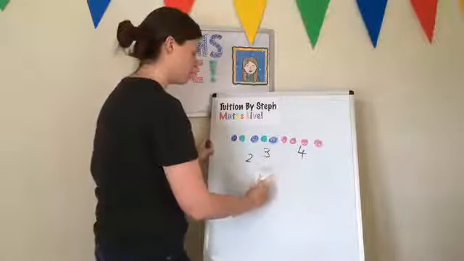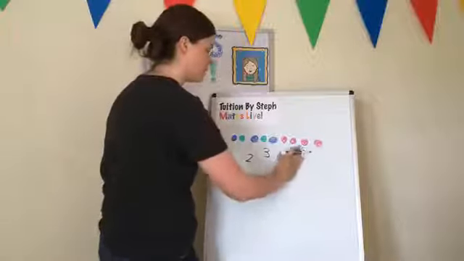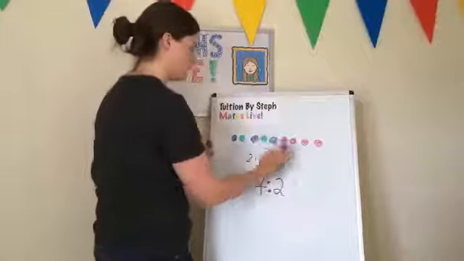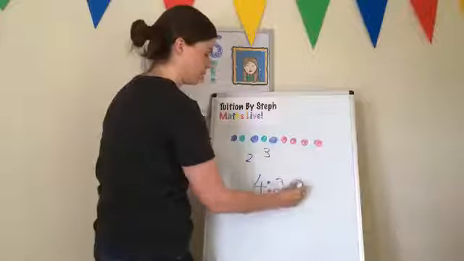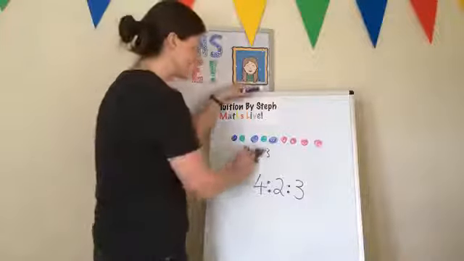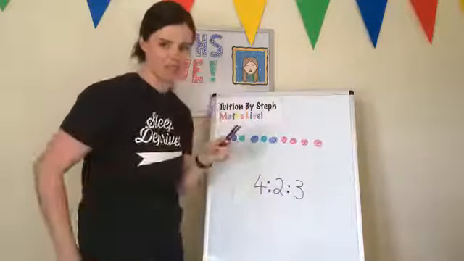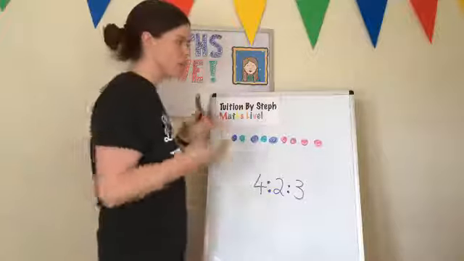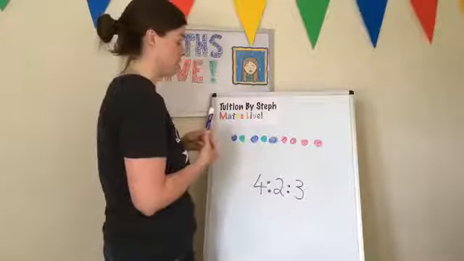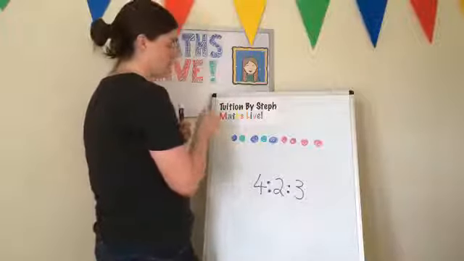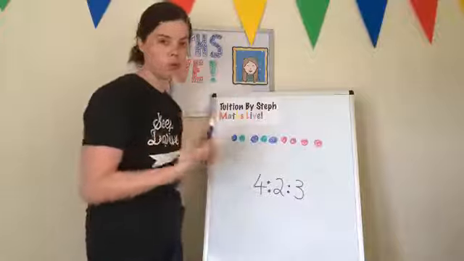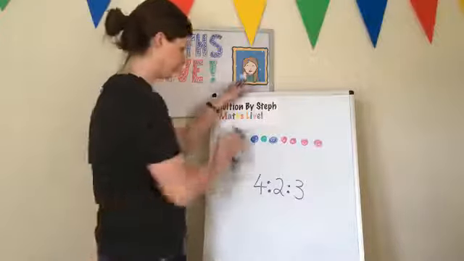So pink first, pink to green, there's 2 green, to blue, there's 3 blue. It's easy to spot how many of the colours there are. It's trickier to read the question and understand exactly what it's asking you for. If you put 3 to 2 to 4, it would have been wrong because you need to hear what order the question's asking it in.